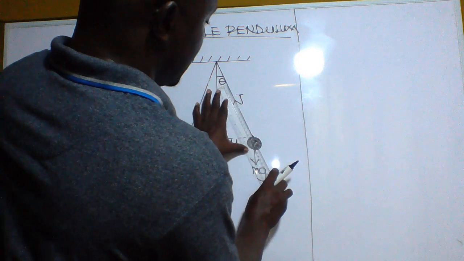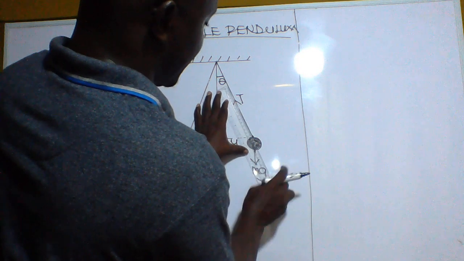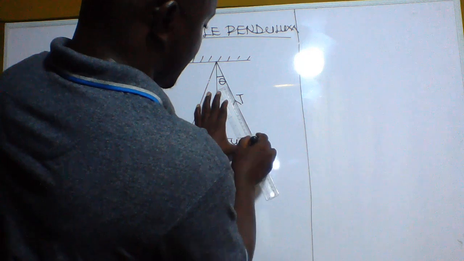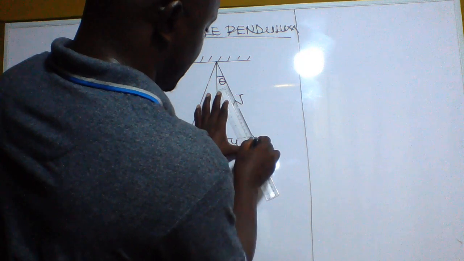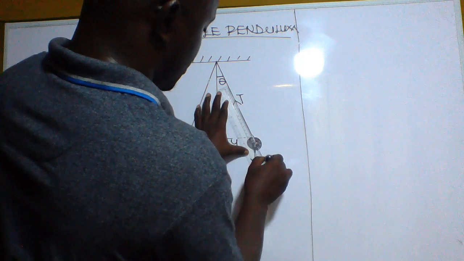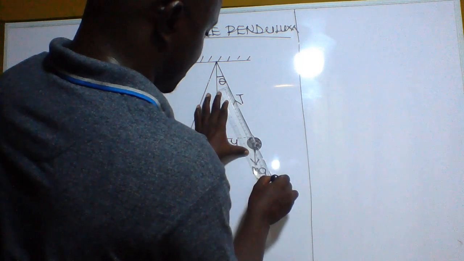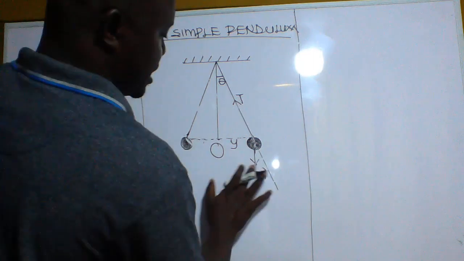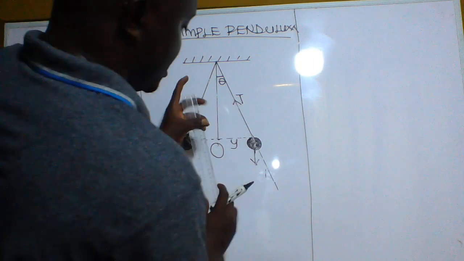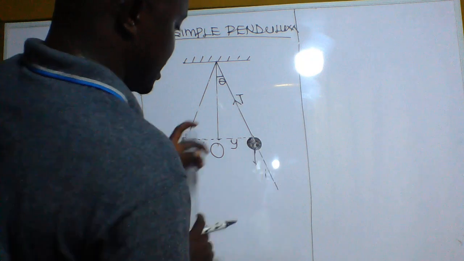So let's extend this tension vector. It is displaced from its equilibrium position or main point through a small angular displacement. Let's extend the weight vector. Let's extend the tension vector.